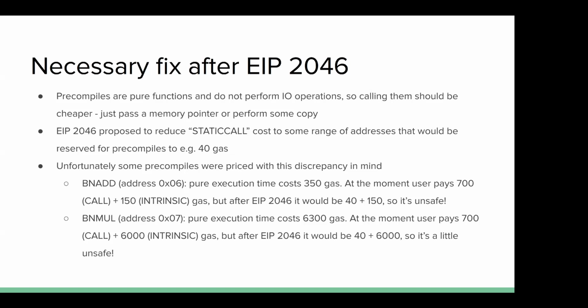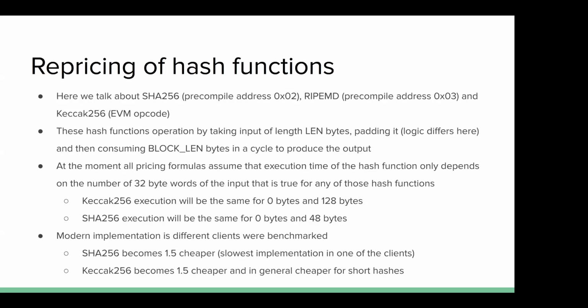And then there is what can be considered the second part of this EIP, which is repricing of hash functions. Well, it's repricing of hash functions because of the other precompiles which exist. One of those is modular exponentiation, which is repriced in a different EIP.